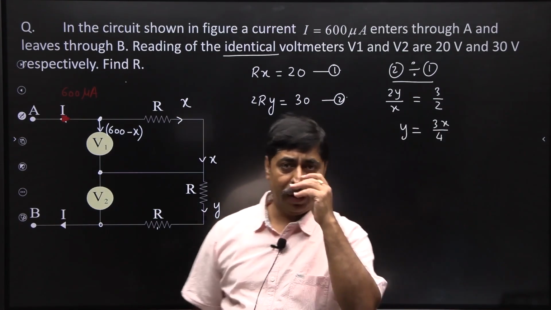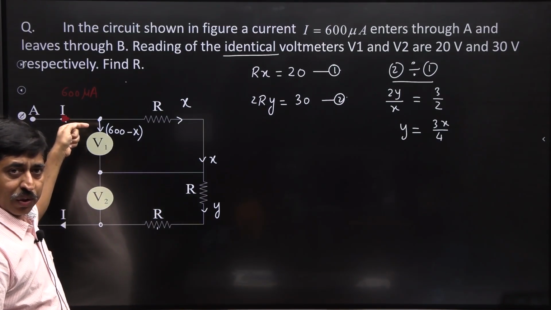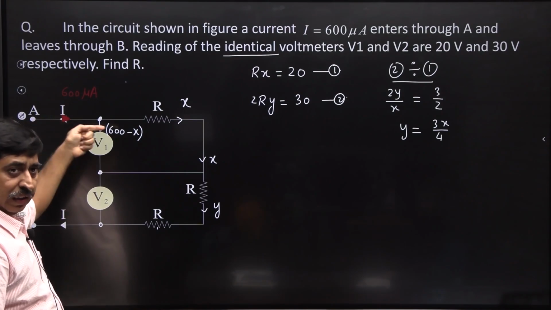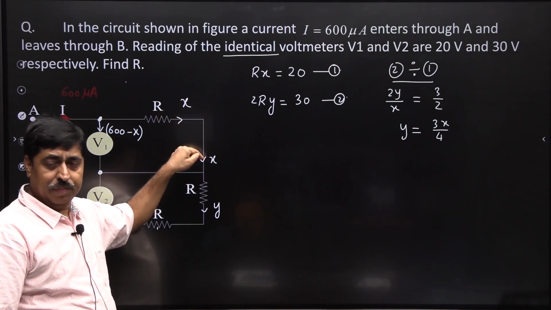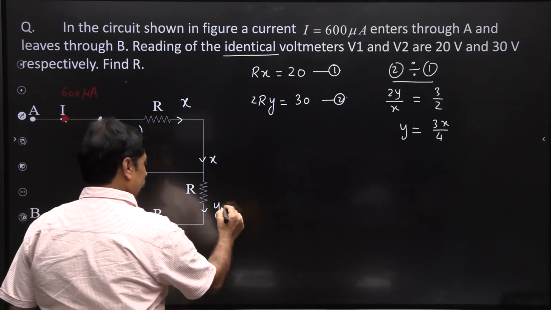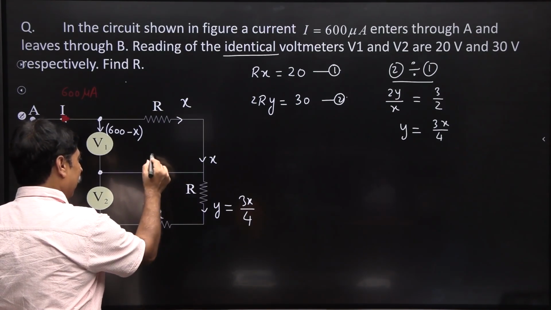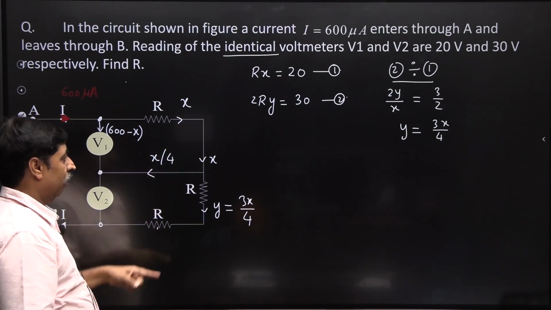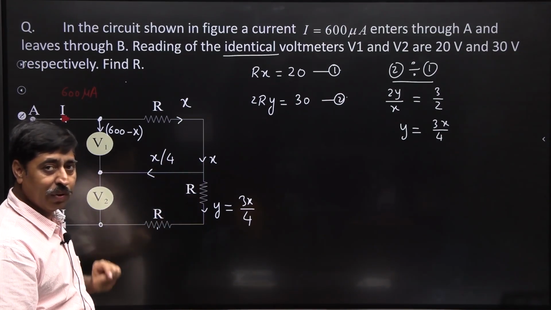So, actually what is happening, 600 microampere current enters through this terminal, X current flows through this path and the current here is 3X by 4. So, naturally current here will be X by 4, again Kirchhoff's junction law. If X is the current here, X by 4 goes here and 3X by 4 goes here.